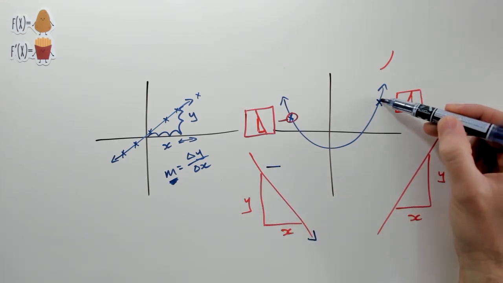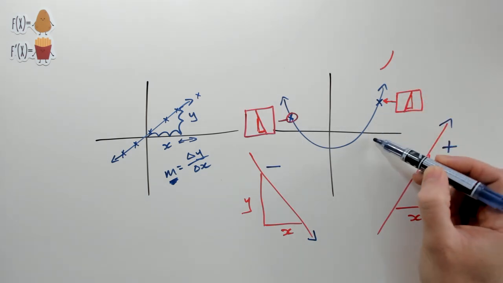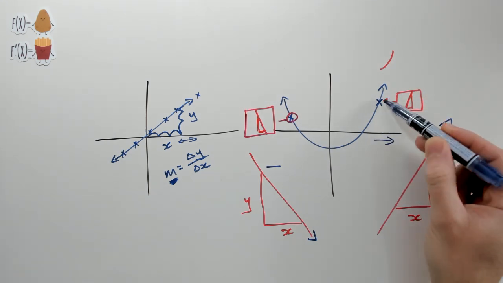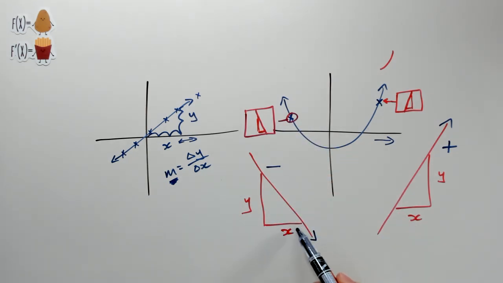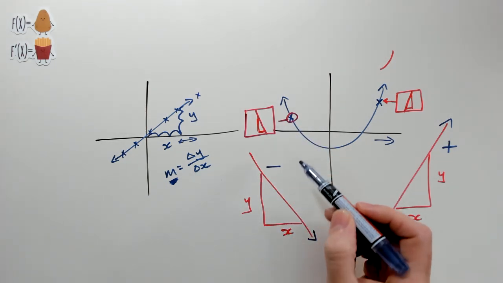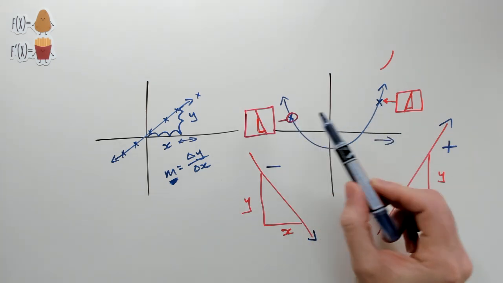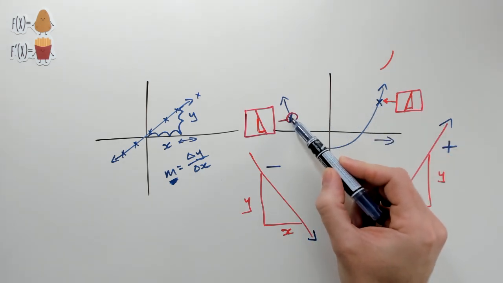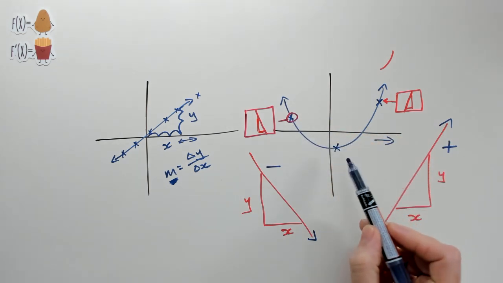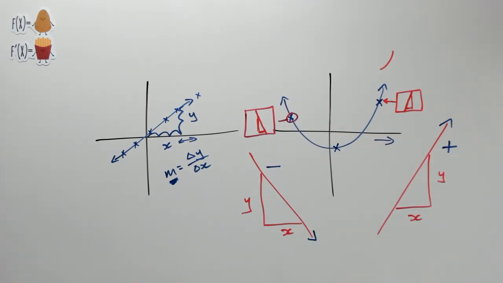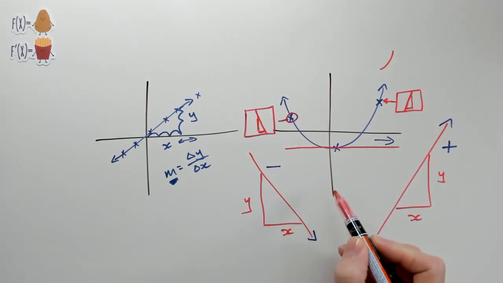So the rate of change on this side of the graph is positive: if x gets bigger, y goes higher. Whereas in this one, as x changes, y is getting smaller. So there's a big difference between here and here. But if I went all the way down here and drew a line exactly at the turning point, it's going to be a flat line.